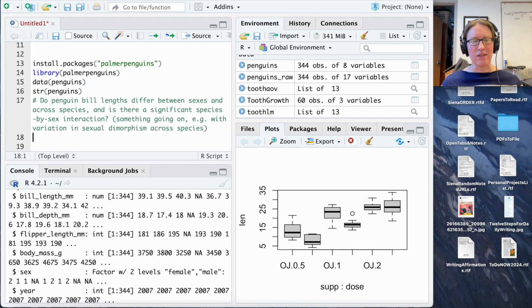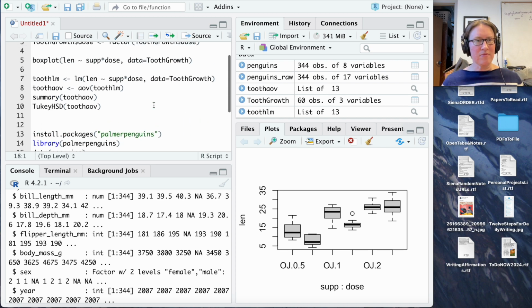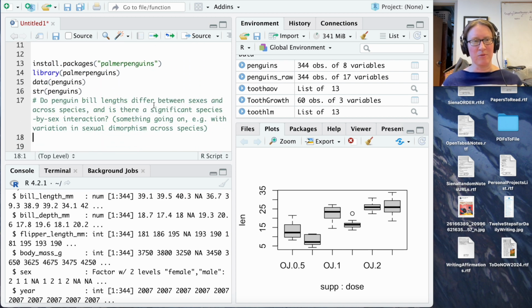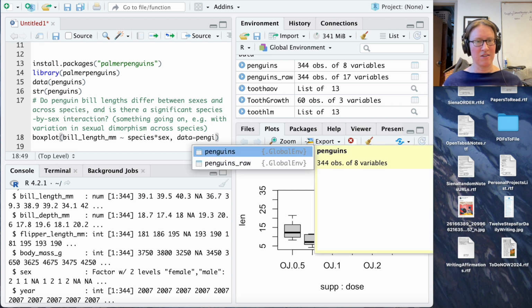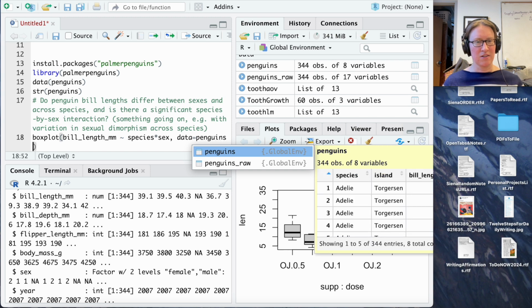So we're going to do the same thing that we did for the guinea pig tooth data, right? And we're going to start out by plotting this. I'm just going to use the box plot function again, right? And we're interested in bill length in millimeters as related to species and sex in the penguin's data. Okay, so let's see.